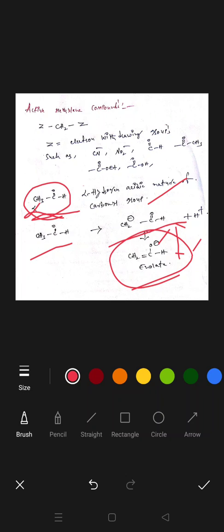Compared to the carbon ion, the enolate is more stable, so that's why the process easily proceeds to form the enolate. This is the stabilization factor of the carbon ion, because the electron withdrawing groups increase its stability.